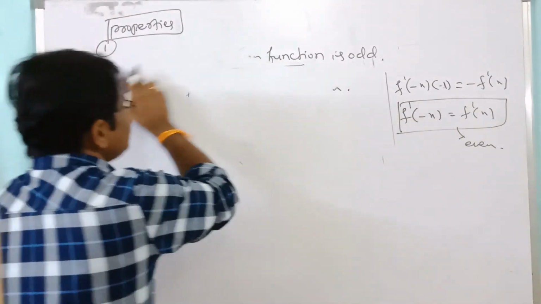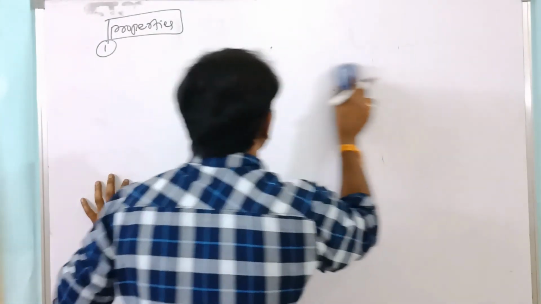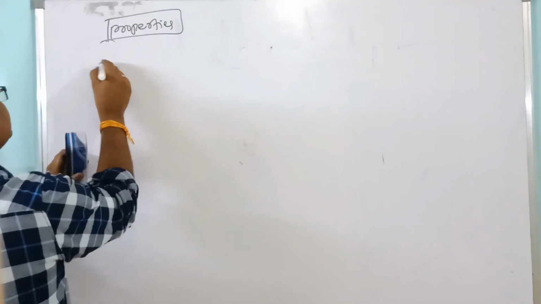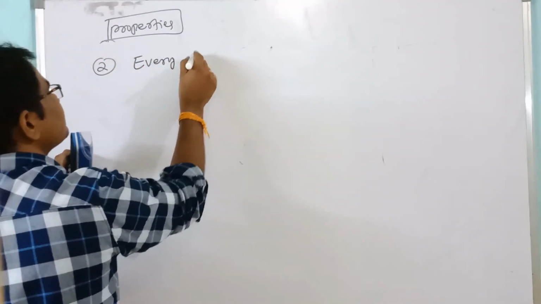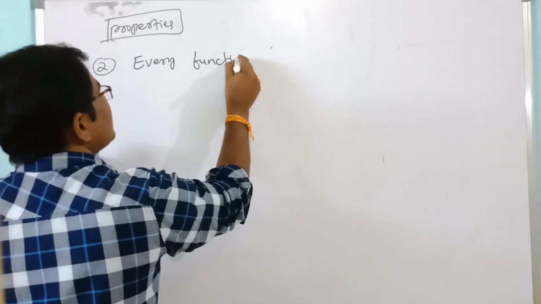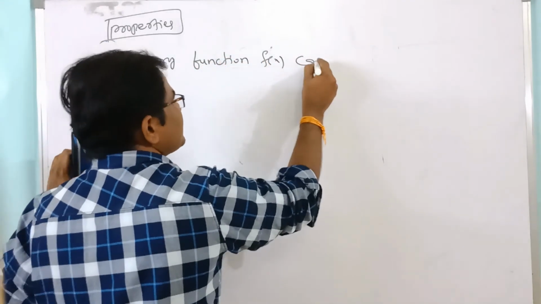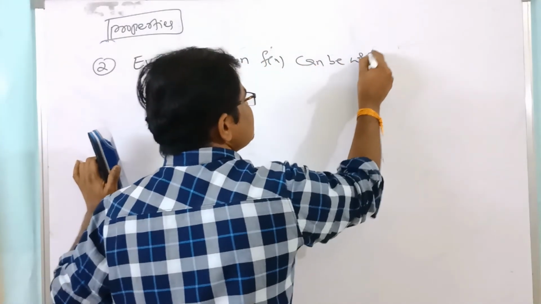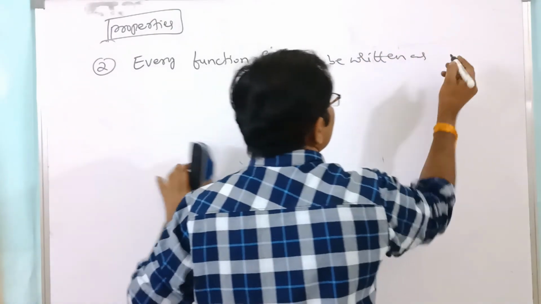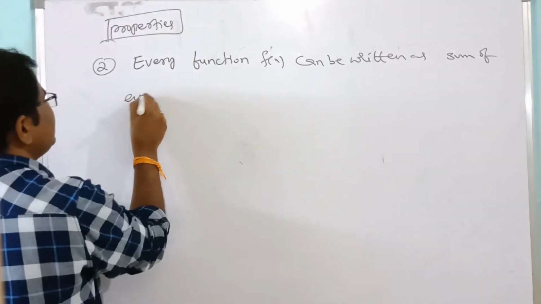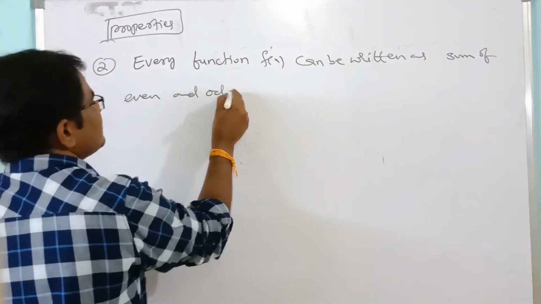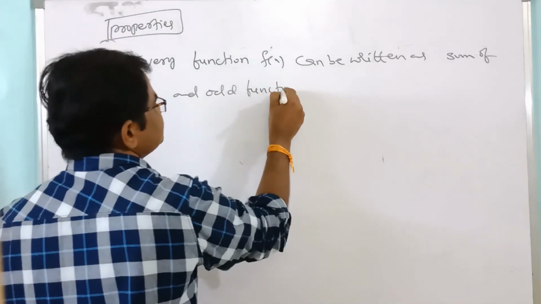Next, third one. Every function f of x can be written as sum of even and odd functions.